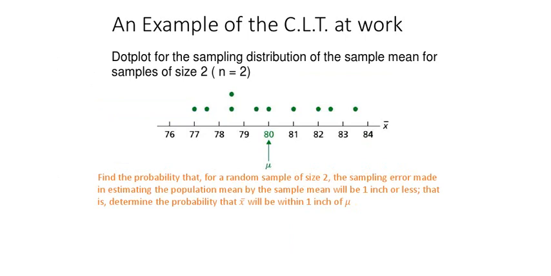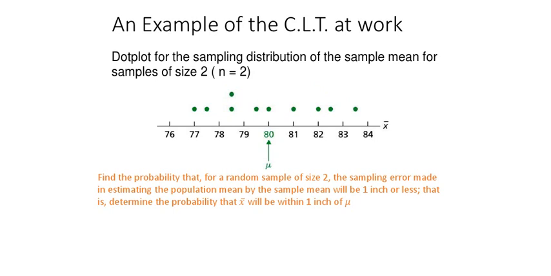The probability that for a sample of size 2, the mean will be within 1 inch of the actual population mean looks to be about 3 out of 10. There are 3 samples right here in the interval from 79 to 81 that fit that category, out of the 10 possible samples. So we have a 3 out of 10 chance that our sampling error is within 1 inch of the actual population mean.